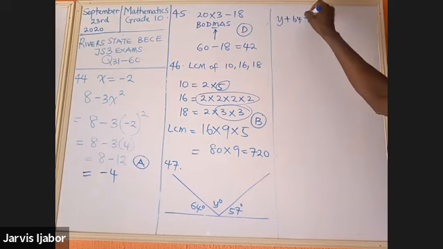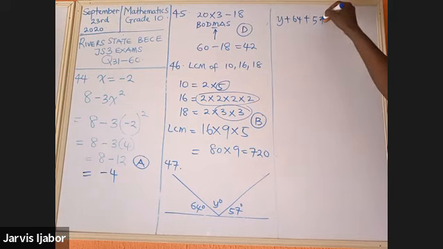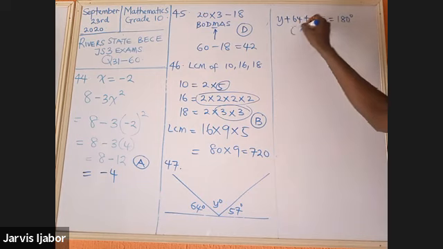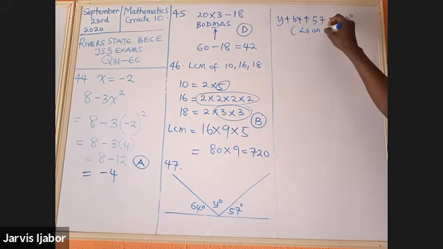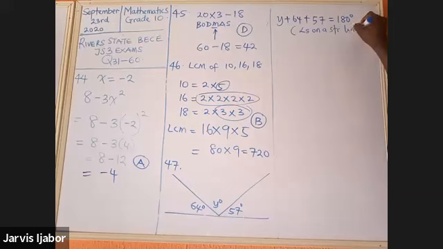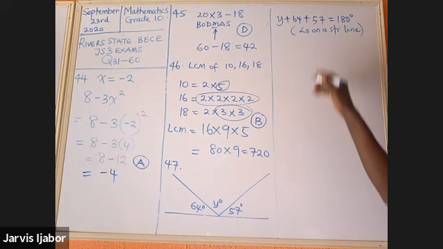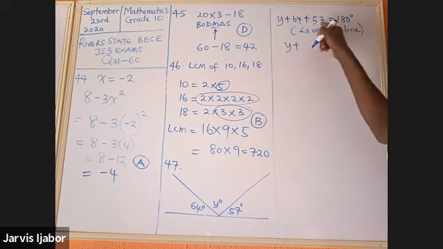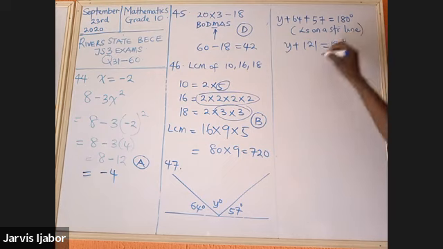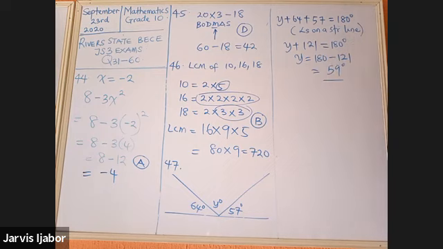So it means that y plus 64 plus 57 will be equal to 180 degrees. What is the reason for that? Angles on a straight line. So it means that y plus 121 will be equal to 180 degrees. So y essentially will be 180 minus 121, and that will be 59 degrees.